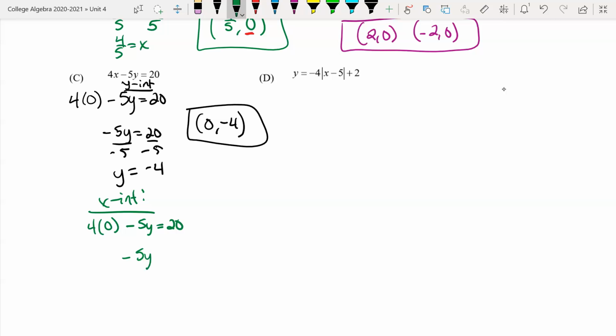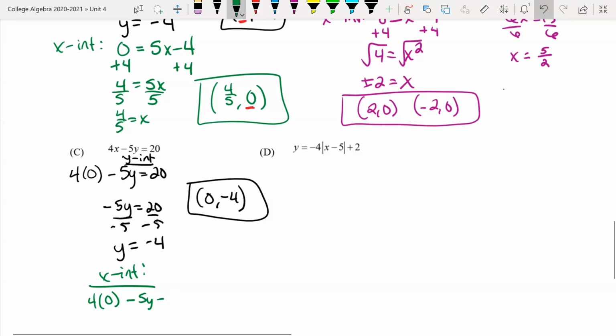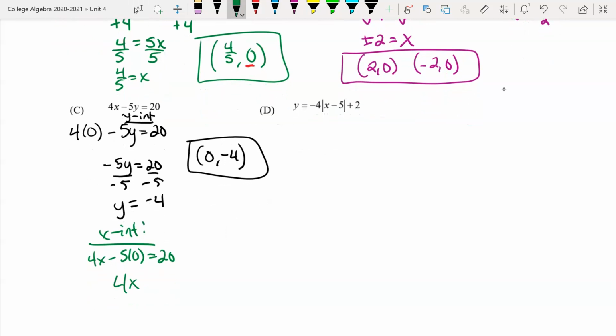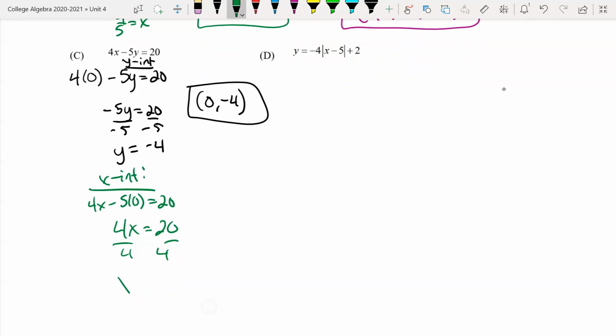So negative 5y equals 20. Divide by negative 5. I plugged it in for the wrong one. Oop. Go back. Gotta plug in 0 for the y. There we go. So this would be 4x equals 20. Divided by 4. Your x-intercept is 5. So it should be 5, comma 0.